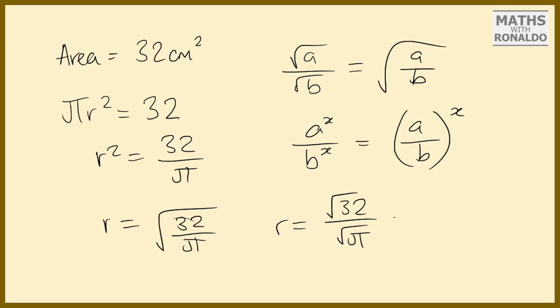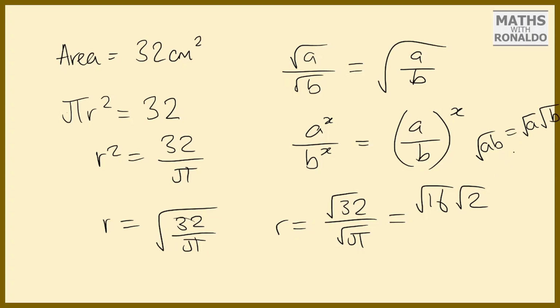And if we want to look at the root of 32, well, we can split that down into the root of 16 times the root of 2, because, again, another rule, the root of a b is the same as the root of a times the root of b.